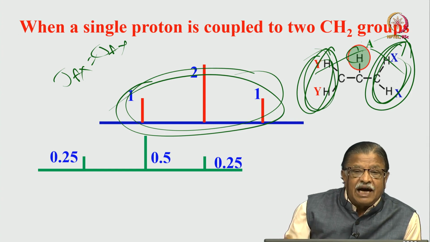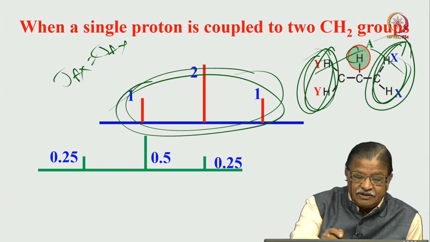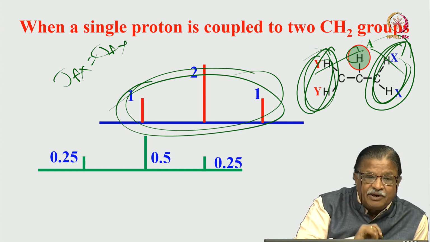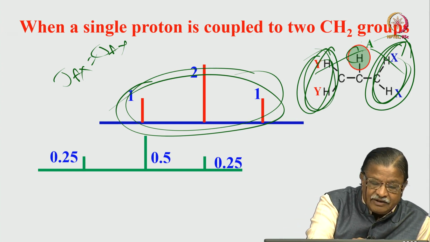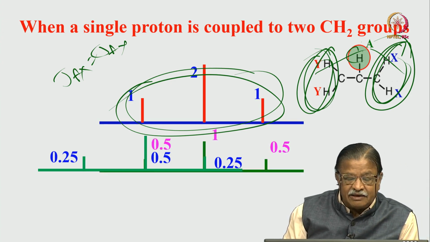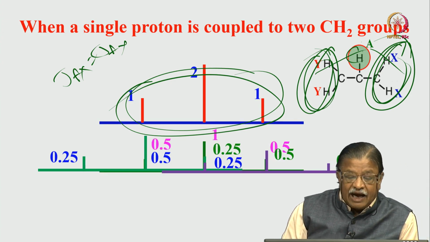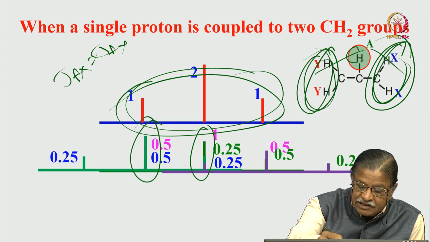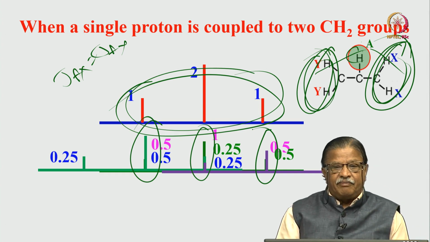So this is a 1-to-1 intensity. Now because of another CH2, it will split into another triplet, intensity becomes 0.25, 0.5 and 0.25. This will also be like that, and this will also be like that. And interestingly, because the coupling is the same, this line will overlap, this line also will overlap.